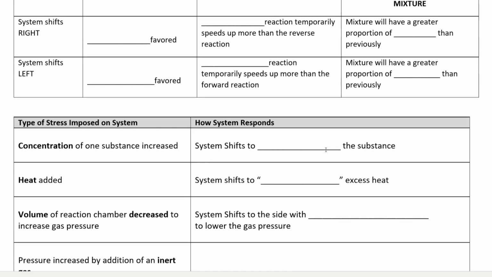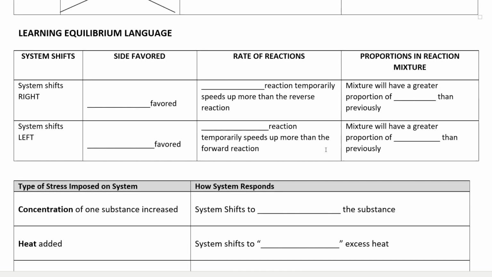Before we can move on to discuss further concepts in equilibrium, we have to learn certain equilibrium language. So when we talk about a system shifting left or a system shifting right, there's a certain side that is favored.